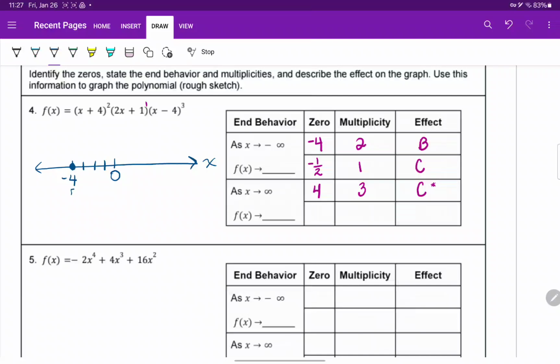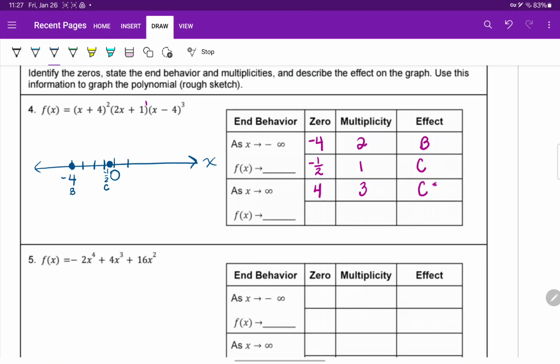I'm also going to mark underneath here that the graph is going to bounce here. Then I'm going to go to negative 1/2, which is here, and here it should cross. And then the last one is at positive 4, and there's a 0 there. In this one we said it's going to cross, but kind of squiggly, okay?